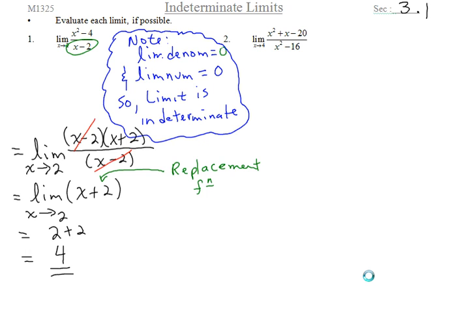Now, I want you to notice the layout of this example. Notice the string of LIMs placed into the problem. When I'm ready to evaluate the replacement function, there's no LIM, because the 2 plus 2 represents the actual limiting value of this linear function.